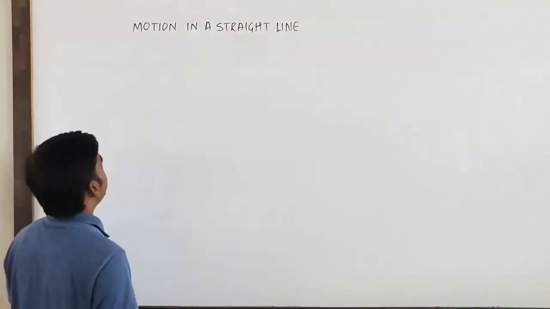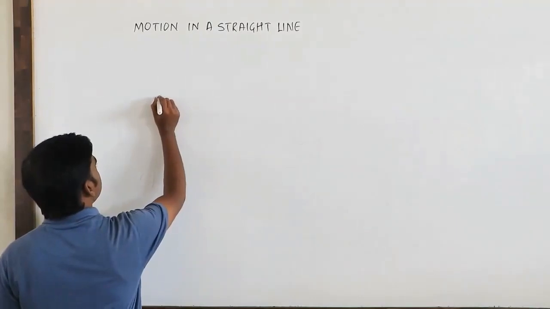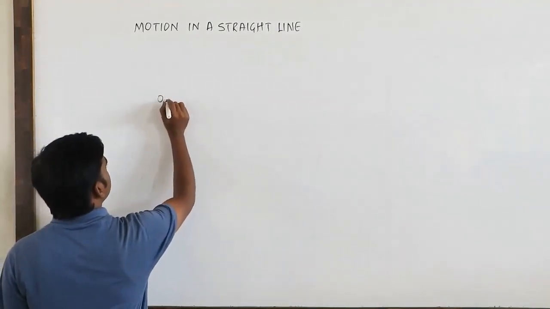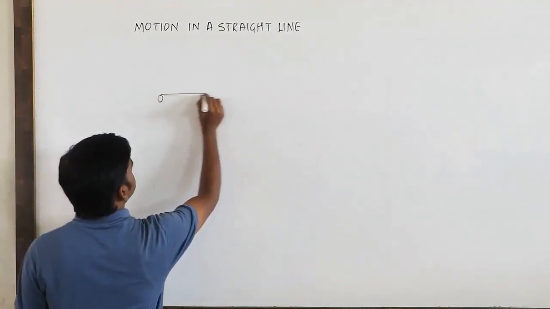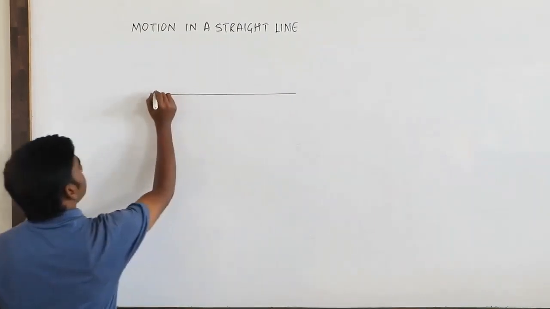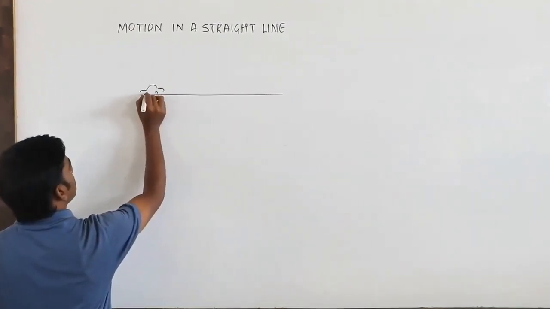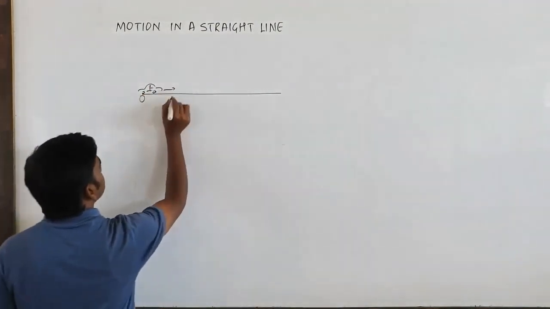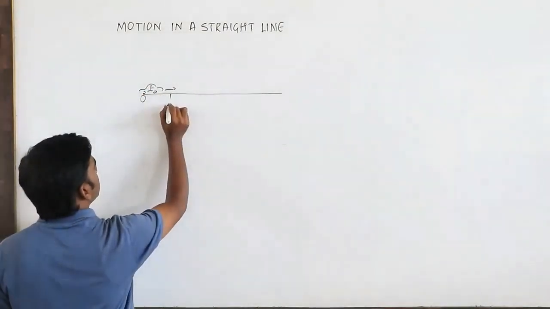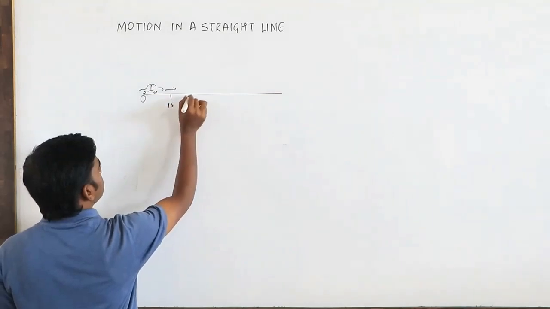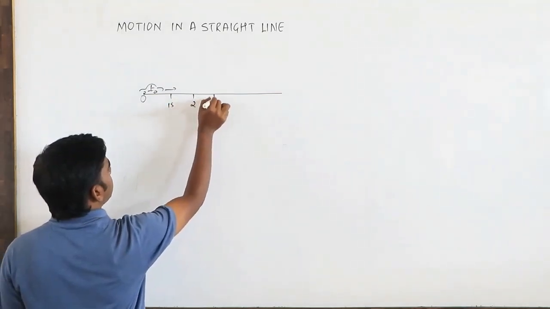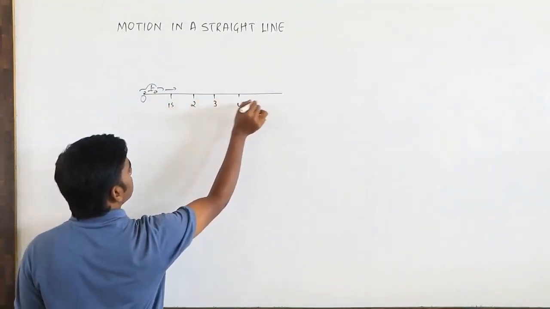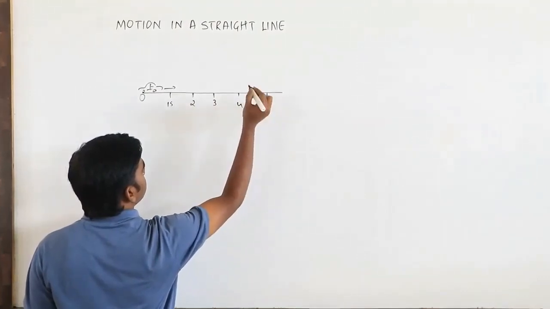We will take one better example. So this is your origin. From the origin, a car started moving in this direction. So 1 second, 2 second, 3 second, 4 second, 5 second.